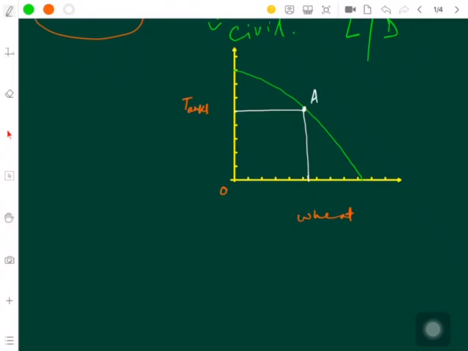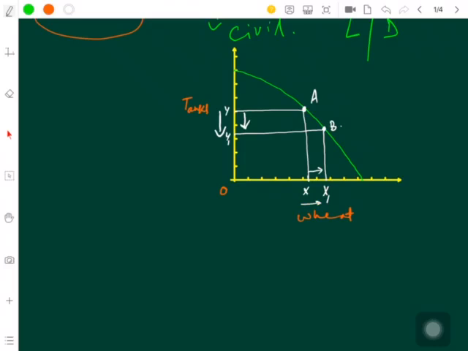Let us name it A. This and this will give us the second combination, that is B. Either we are going from A to B or B to A. Let us say we are decreasing the production of tanks from Y to Y1 and increasing the production of wheat from X to X1. By decreasing one, we are able to increase the other.